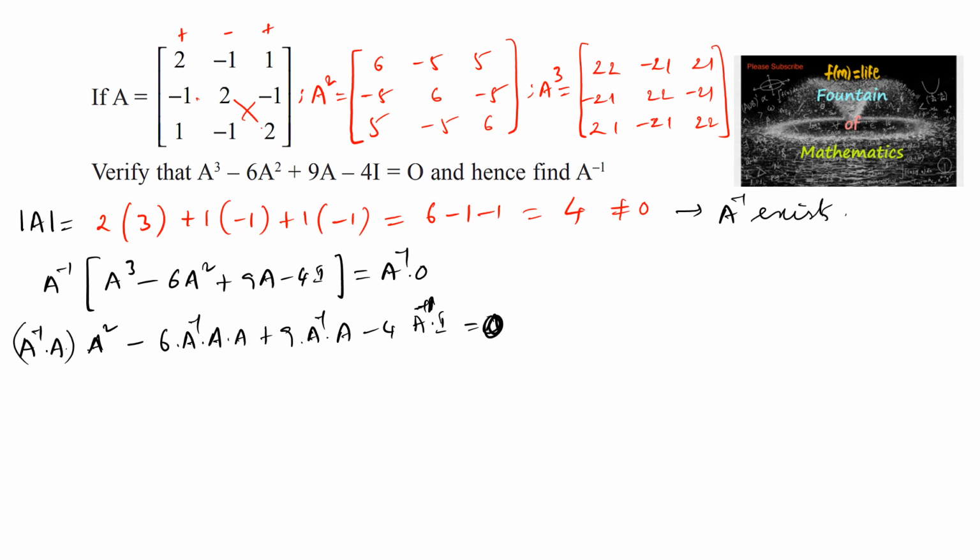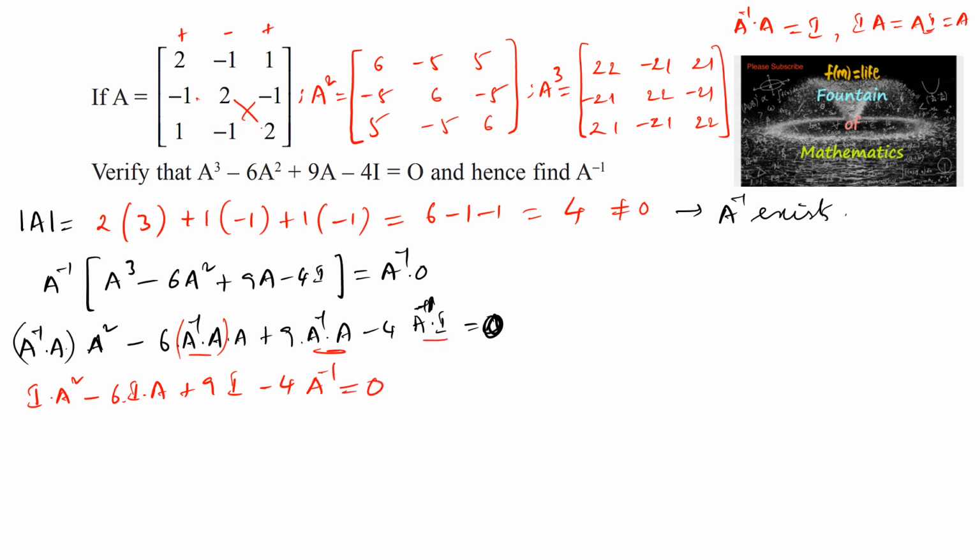So A inverse into A, we know that A inverse into A is equal to I, and I into any matrix or A into any matrix we can write A. So A inverse into A is identity matrix. I into A square minus 6 times of A inverse into A is again I into A plus 9 A into A inverse is I minus 4 times of A inverse into I is A inverse, which is equal to 0.